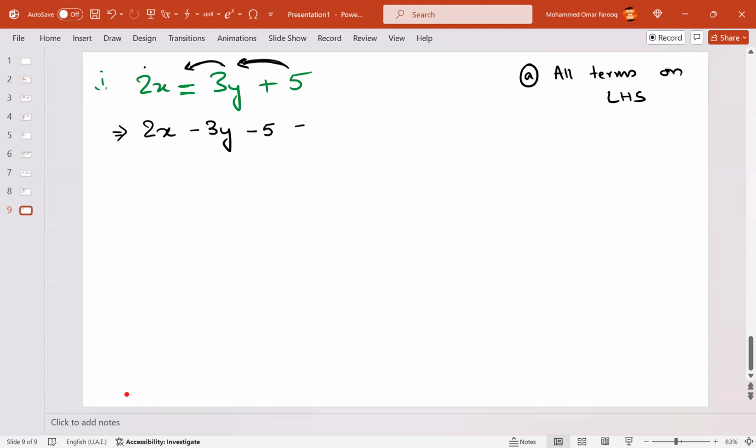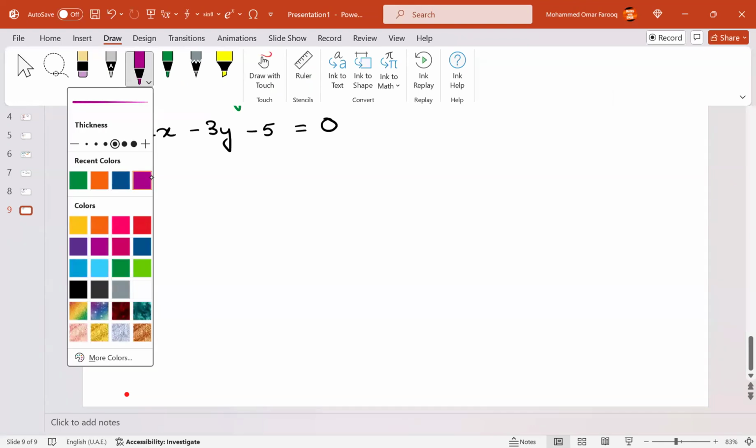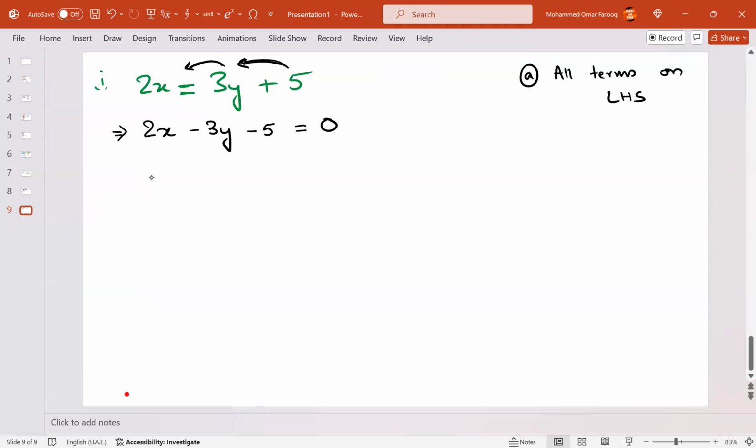When you transpose everything to the left-hand side, what is left on the right-hand side? 0. Understood? So this is our standard form. This is what they are going to ask you in one of the concepts. There are two concepts.